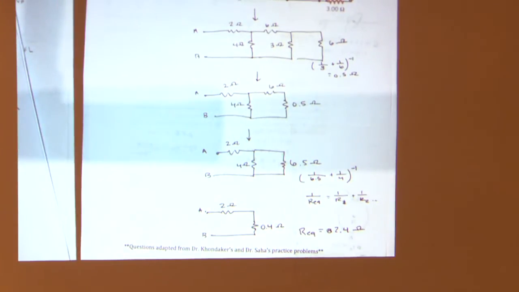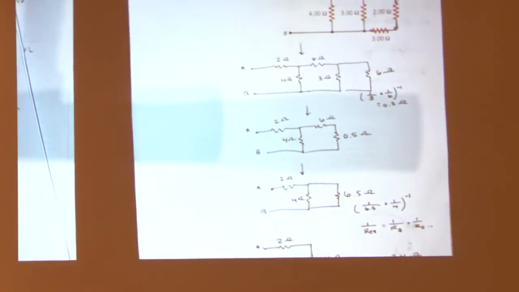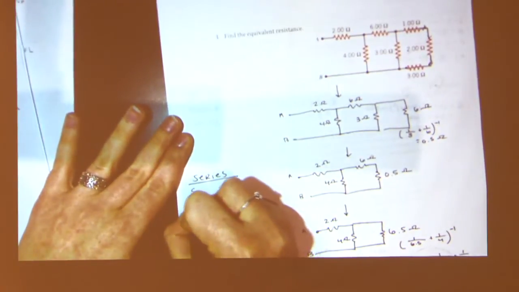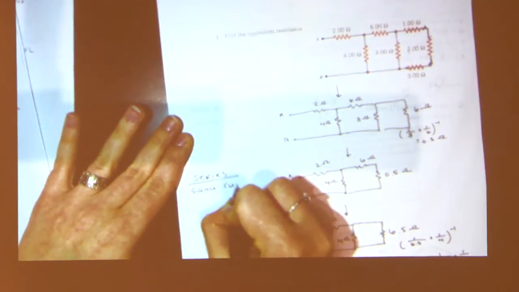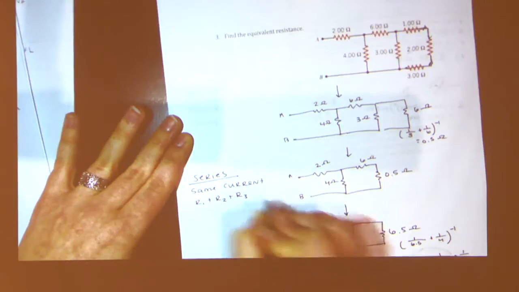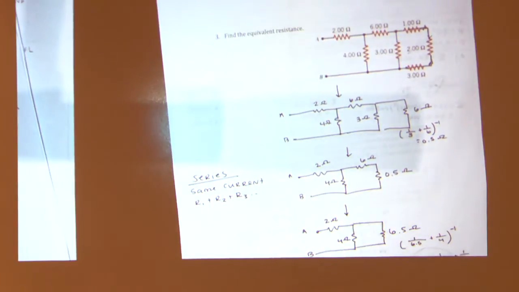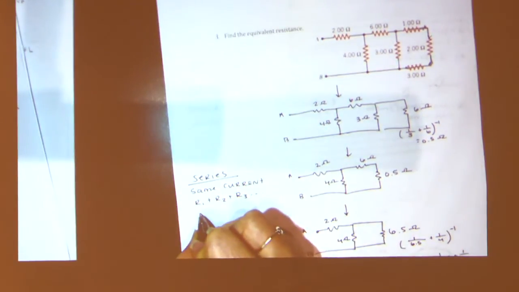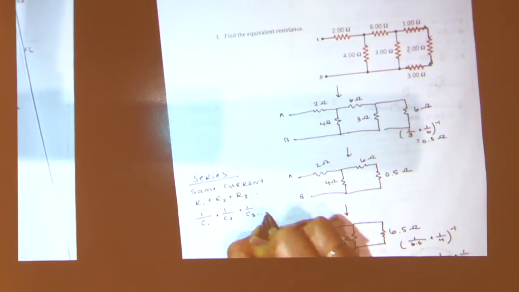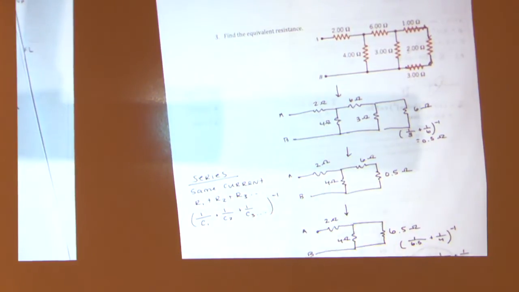So just remember some things with circuits. When we're in series, we have the same current, and we add R1 plus R2 plus R3 and so on. But we add capacitors as 1 over C1 plus 1 over C2 plus 1 over C3 and so on to the negative 1.